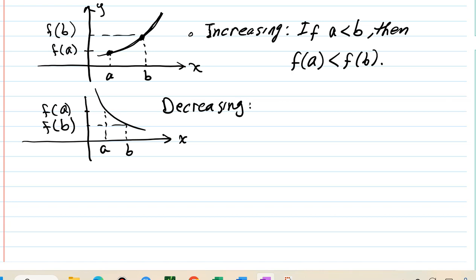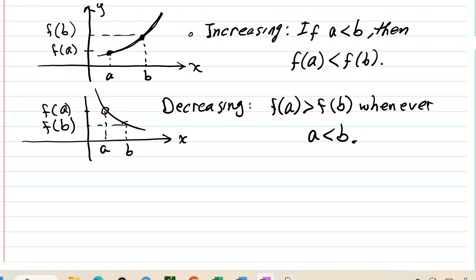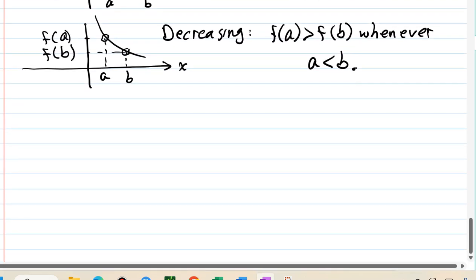That means f at a is greater than f at b, whenever a is less than b. So you go from a higher point to a lower point, and that would be the sign of a decreasing function.